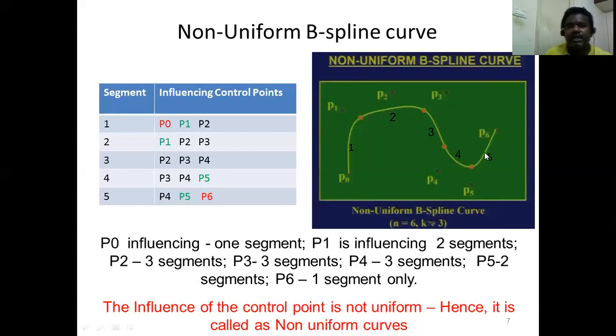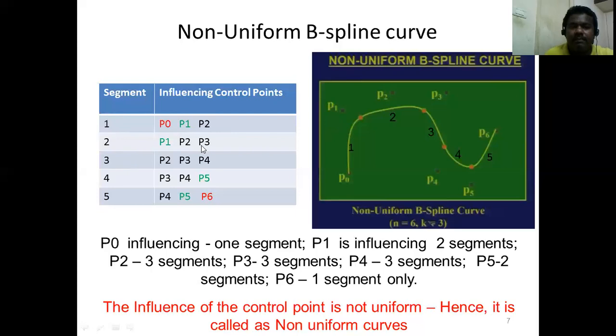Since I have defined the k value as 3, 3 control points are influencing the shape of a particular segment. If you look, P0 influences only one segment, P1 influences 2 segments, 1 and 2. The point P2 influences three segments, 1, 2, 3.